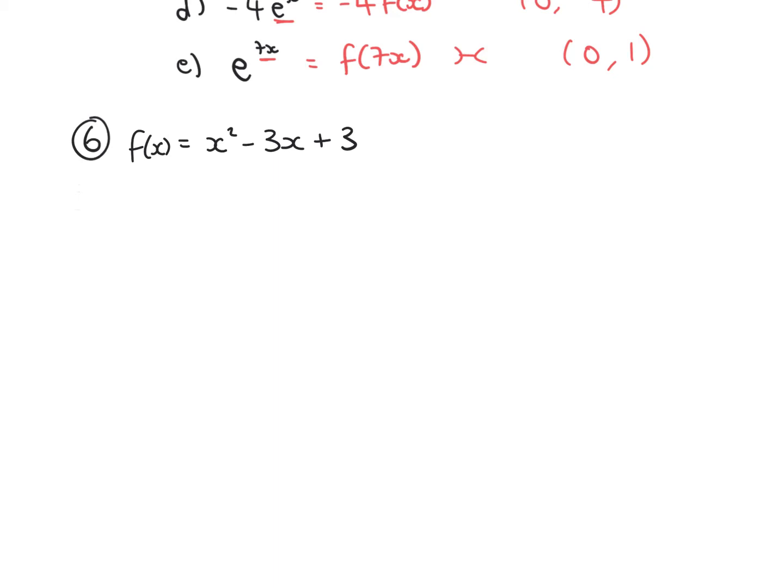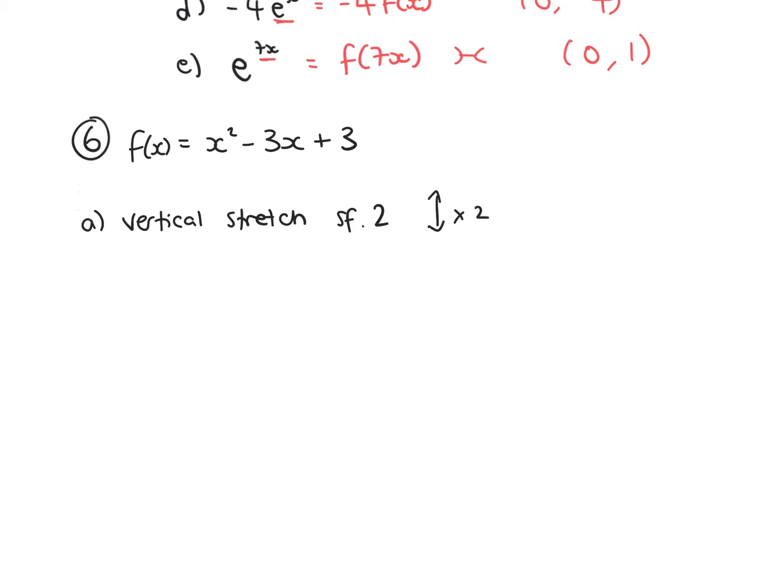So that's my f of x. I want to work out g of x, and g of x is a vertical stretch of this. So for part A, a vertical stretch with a scale factor of 2. That means I want to stretch it up and down this way by 2.